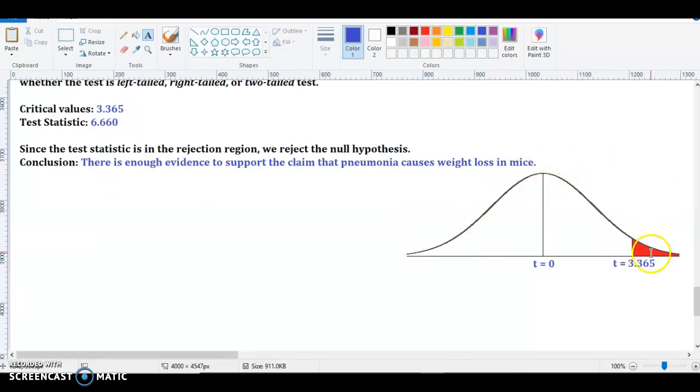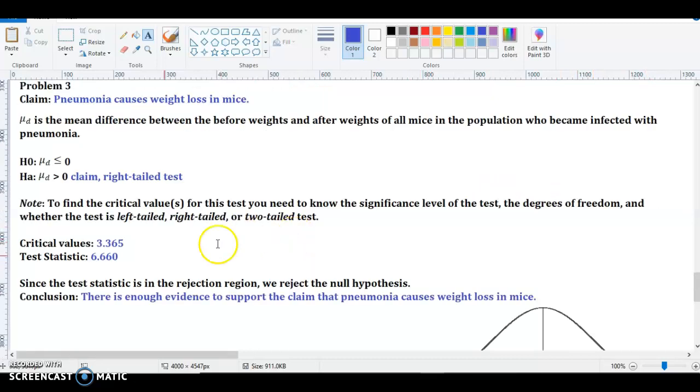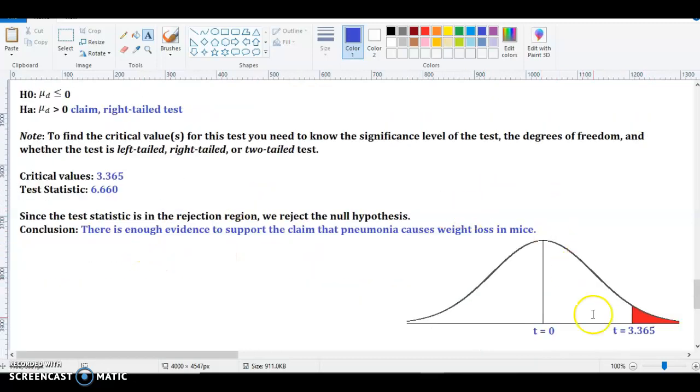This diagram shows the rejection region for this right-tailed test, along with the critical value, which is the cutoff for the rejection region. If your test statistic is greater than 3.365, it's in the rejection region, and you would reject the null hypothesis. If your test statistic is less than that critical value, you would not reject the null hypothesis.